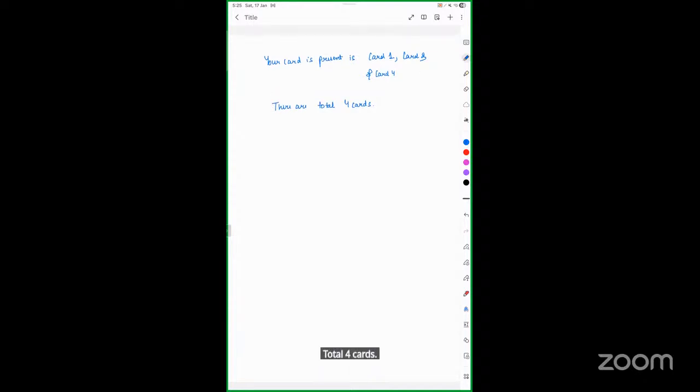So first of all, your question is how many numbers can you present in 4 cards? It will be 2 to the power 4, that is 16. So you can present only 16 numbers, from 1 to 16.